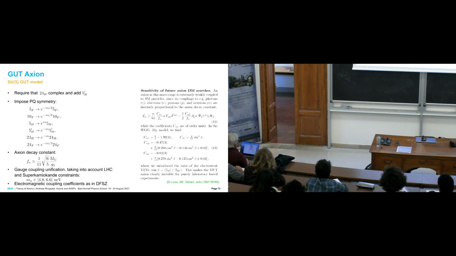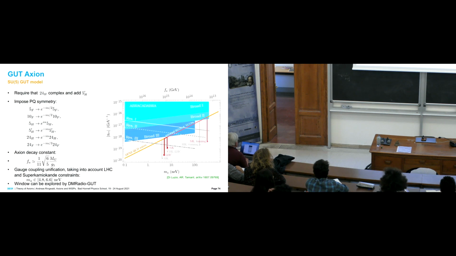The electromagnetic coupling coefficients are as in DFSZ, so I just copied it out of our paper. So again, you have to see the 803, and this is a plot from that time, compared with the prediction of ABRACADABRA.